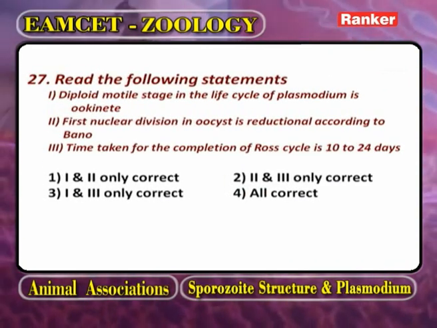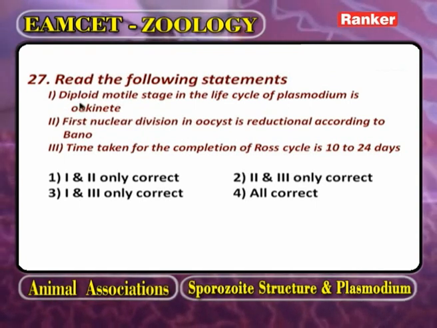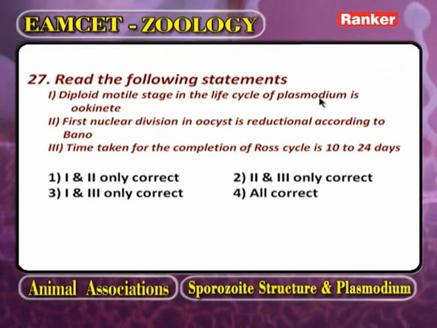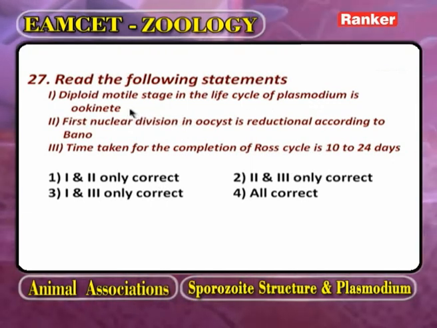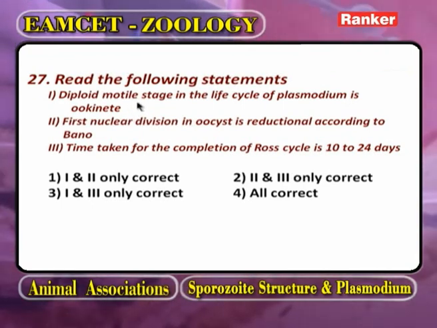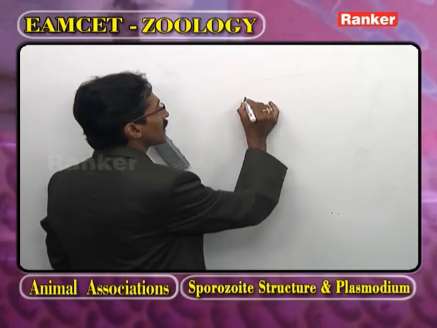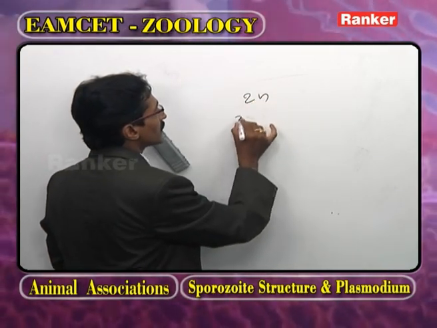Read the following statements. Diploid motile stage in the life cycle of Plasmodium is ookinete. You have to follow the statement once again. First statement, diploid motile. Now as we observe the life history of Plasmodium, what are the diploid stages?